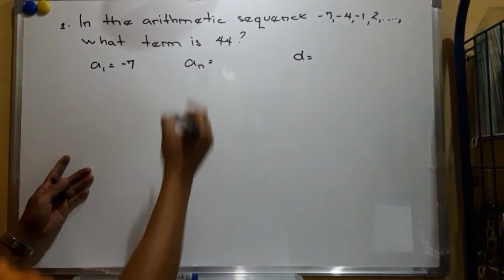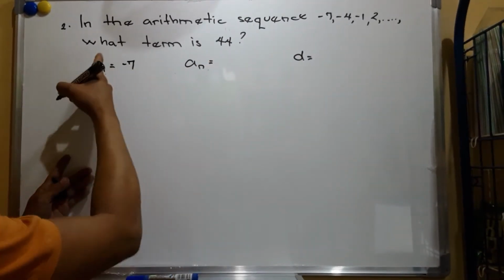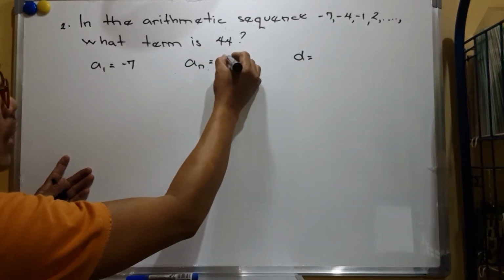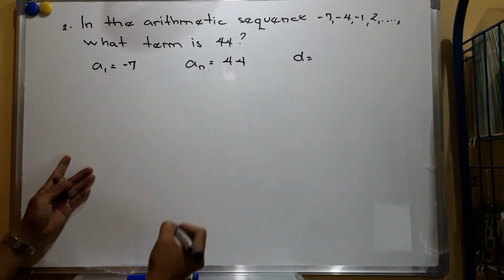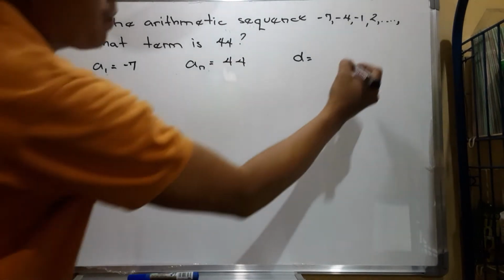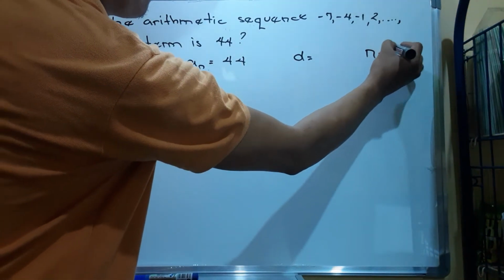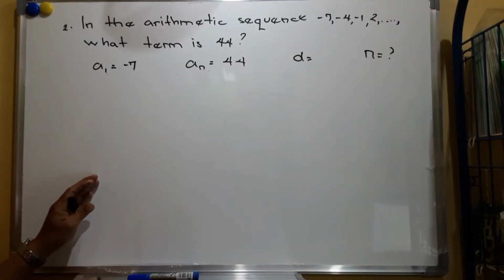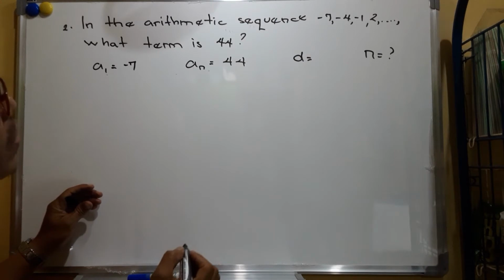A sub n, in this case, what term is your 44? So, a sub n is 44. What is being asked in the problem is your n. So, let's continue. What's our d?